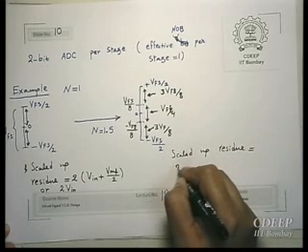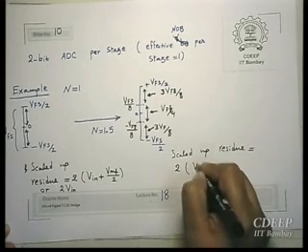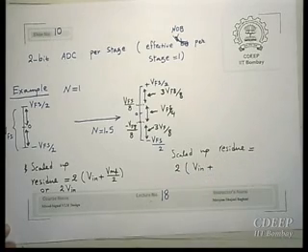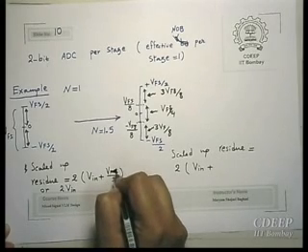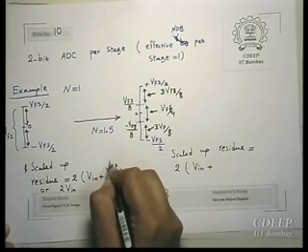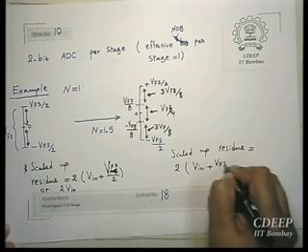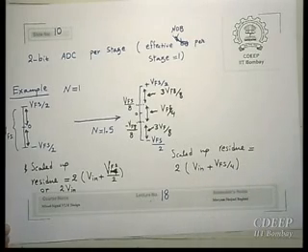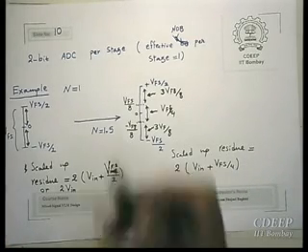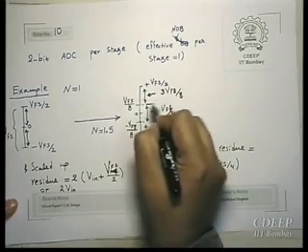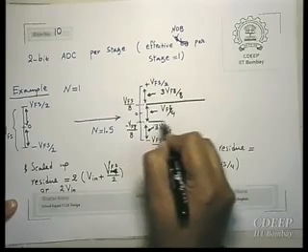Multiplication factor is still 2, but instead of V ref by 2, sorry I wrote V ref by 2, it should be V full scale by 4. So now the reference levels are here. So now we have these 2 reference levels.